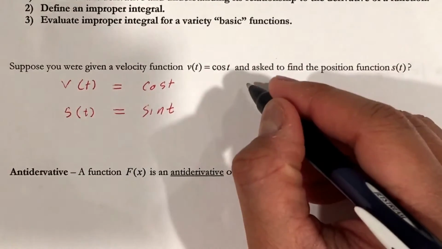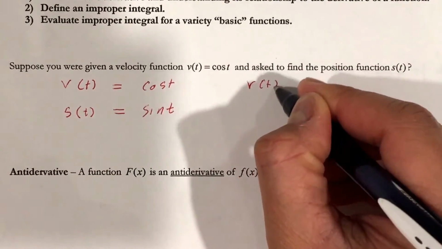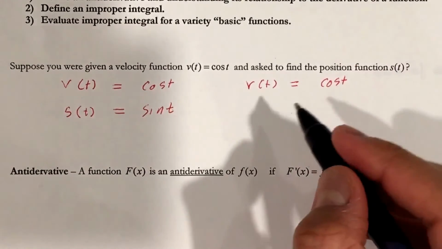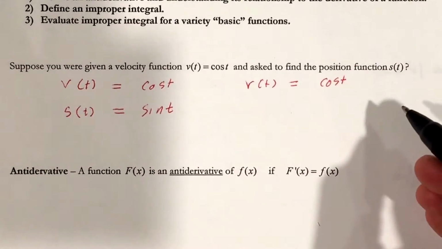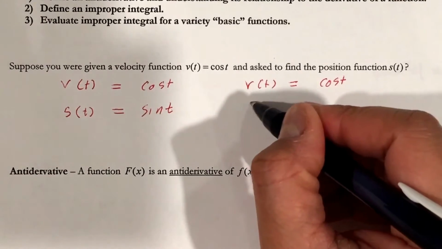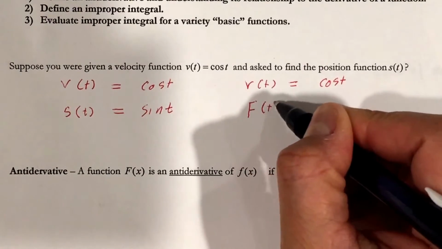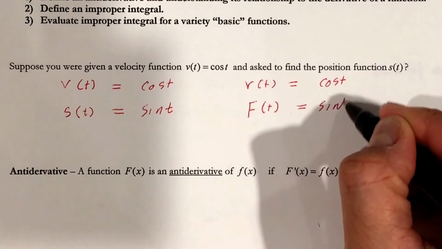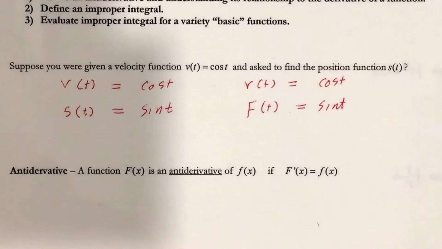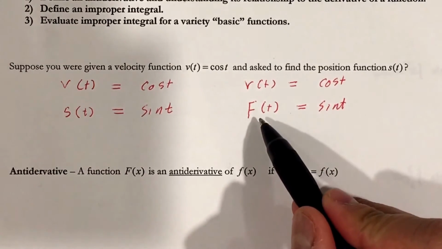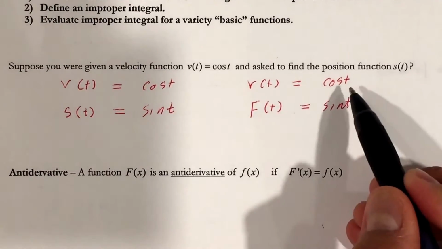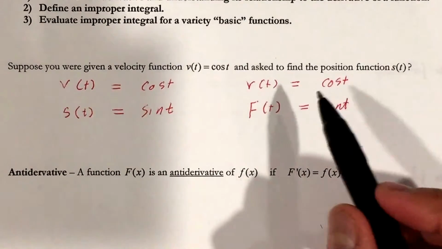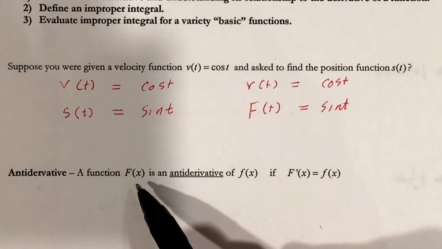So you know that your velocity function is cosine. If we want to find the antiderivative, we now will call it big F. And so the antiderivative is sine of t. And it makes sense because if you take the derivative of that, don't you get cosine? Okay, so again, from now on, antiderivative is labeled as big F.